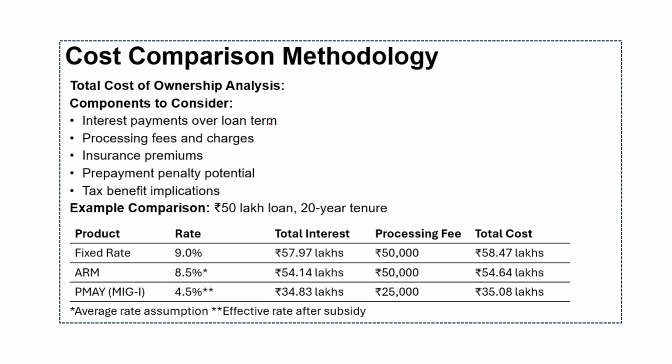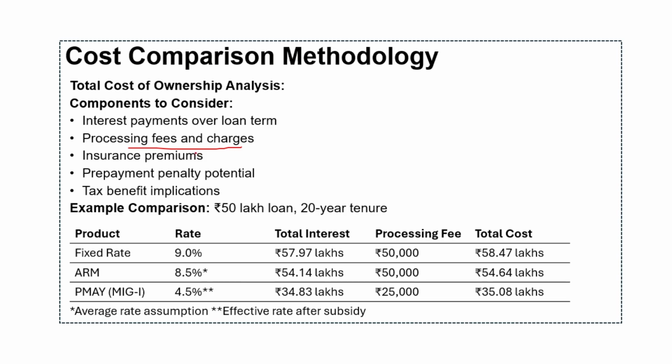Rather than focusing solely on interest rate, interest payments represent the larger component, calculated using EMI formulas and varying significantly based on rate structure and term. Processing fees, while seemingly minor at 0.5 to 1% of loan amount, can represent 25,000 to 50,000 on typical loans and vary substantially between lenders and products. So processing fees are also something we have to think about.